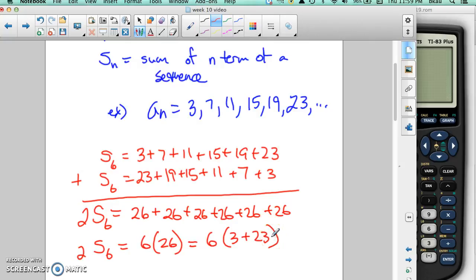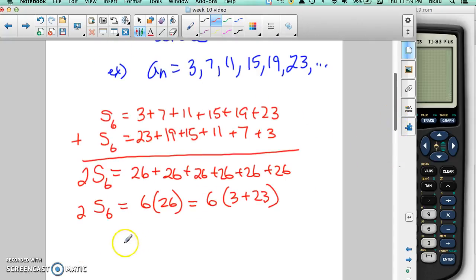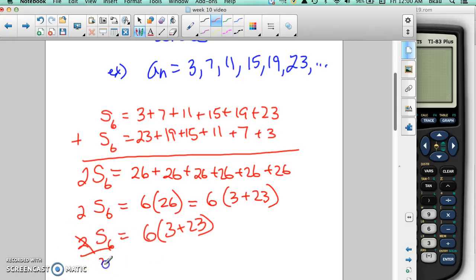I like that better because we want to write a formula for this. 26 is not going to be common in every sum, but it's always going to be the first term plus the last term. That gives us two sums, so it's 6 times 3 plus 23, and then we divide each side by 2 to get our solution.